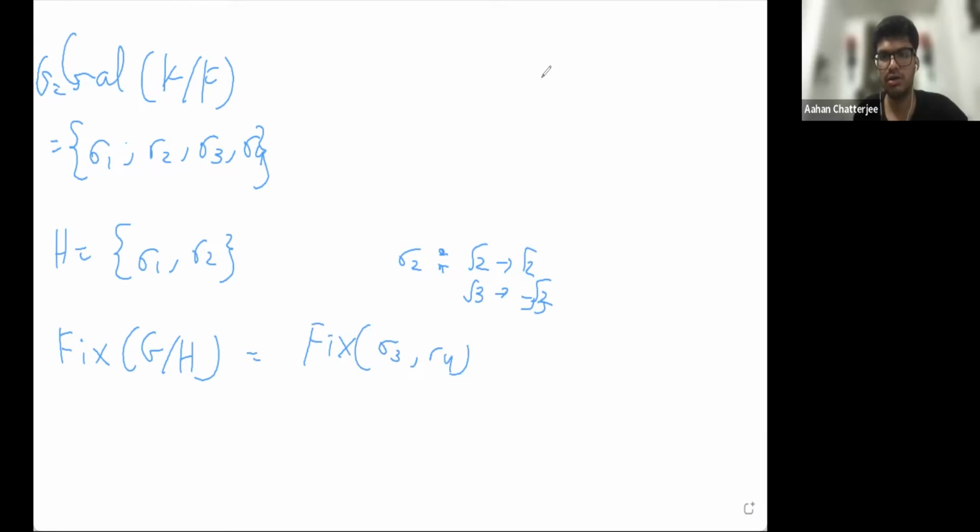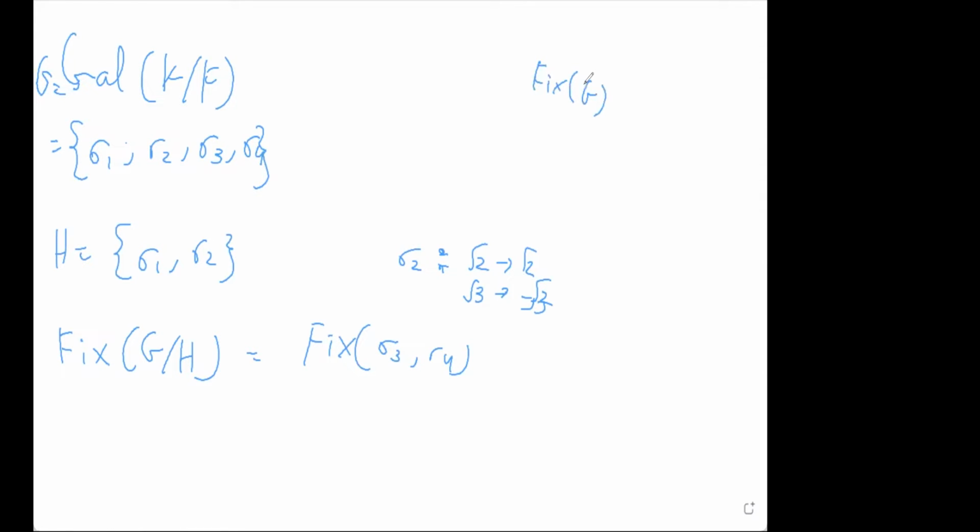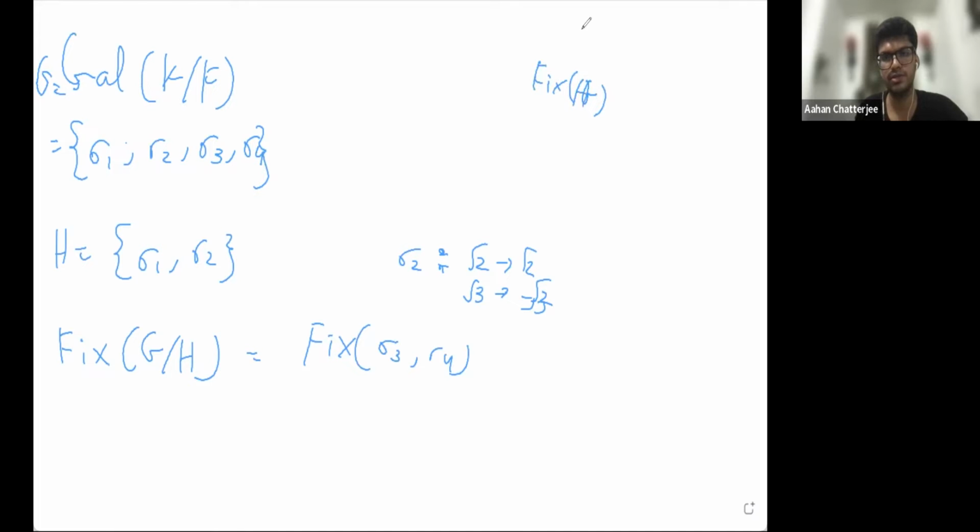It is like, okay, the fixed field of some subgroup H of the Galois group is basically the set of elements such that every element in that subfield is fixed by the elements in H.